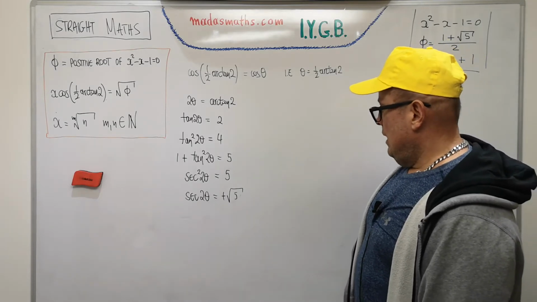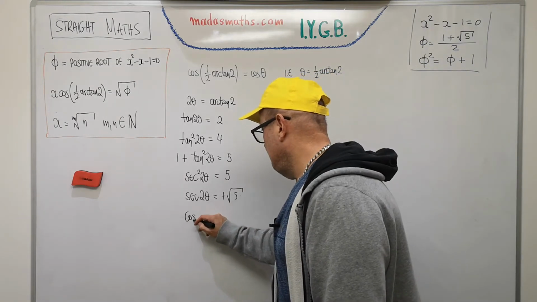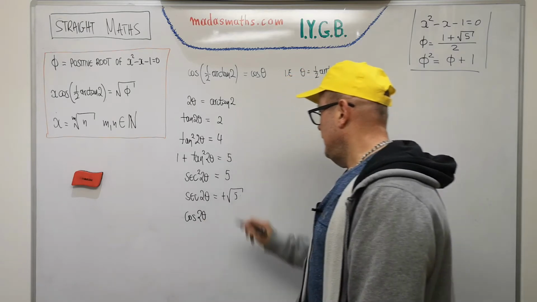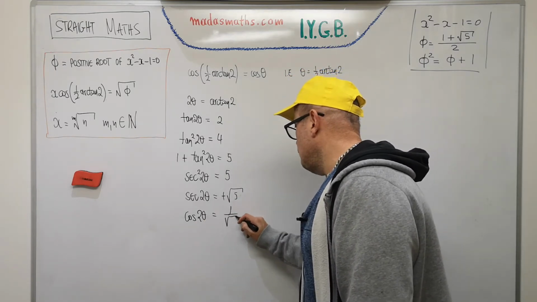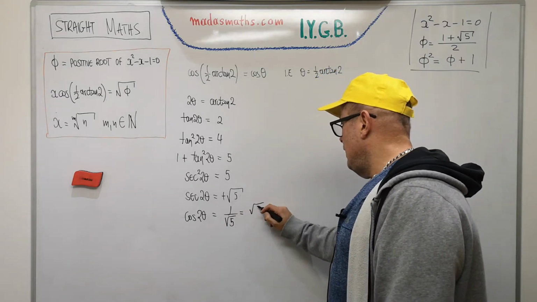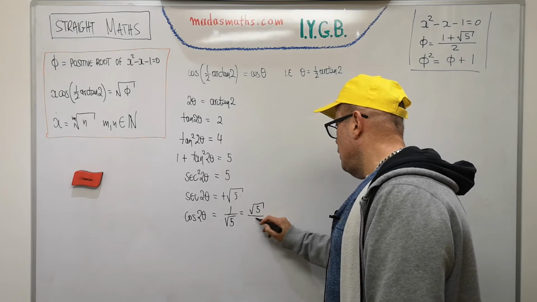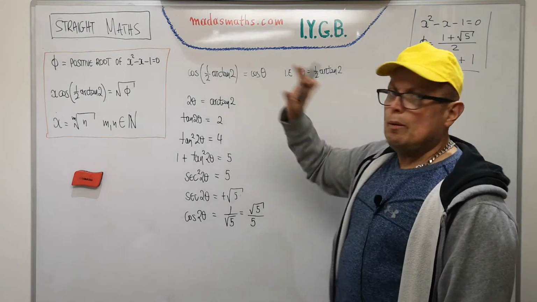Well, I can write, of course, the cos of 2 theta is, of course, 1 over the square root of 5, which, if you rationalize the denominator, will be root 5 over 5.